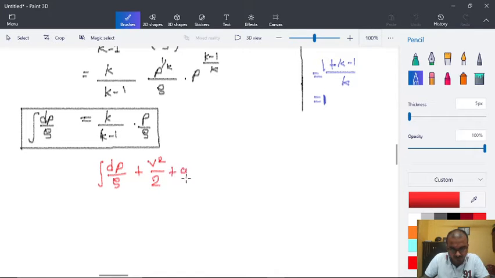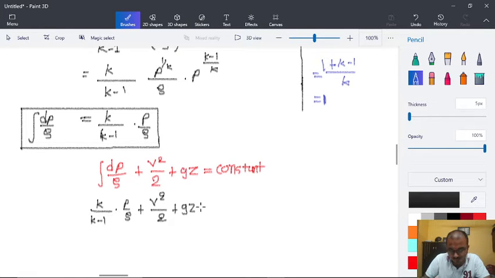We will keep the standard formula. So that was our standard formula here, and then it becomes k upon k minus 1 p by rho plus v square by 2 plus gz is equal to constant.